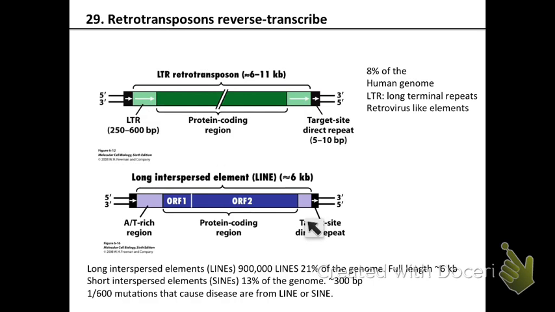So they are truncated. And then we have short interspersed elements, which are called SINEs. They make up 13% of our genome, and they're much shorter. LINEs and SINEs jumping around in our genome is one of the chief causes of mutations that cause disease, because we have things jumping around, breaking stuff.